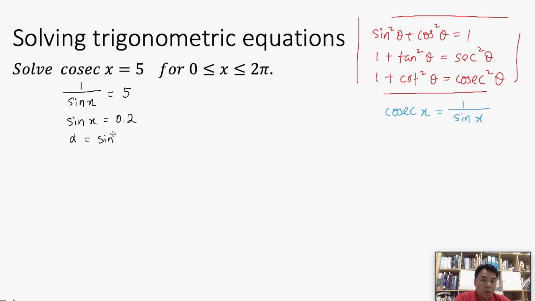We locate it by using the arcsine, or inverse sine, function that is found on your calculator. So arcsine of 0.2 here. Let me take out my calculator and key that in.